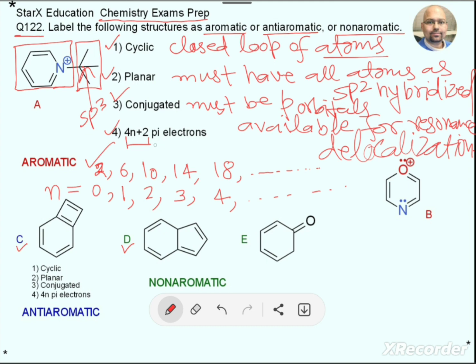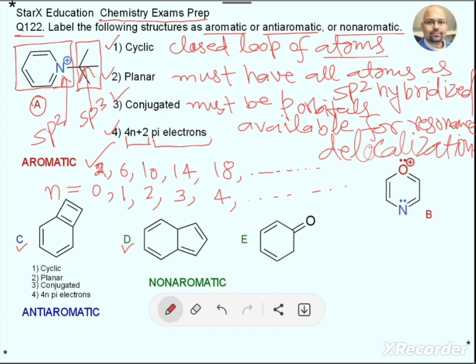Now these pi electrons, as we saw before, are the electrons that are in the p orbitals. So let's now quickly see and label each species as aromatic, antiaromatic, or non-aromatic. As we saw, species A has a flat structure, and the nitrogen here is actually sp2 hybridized.